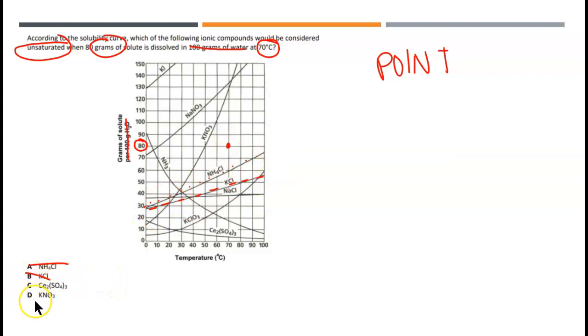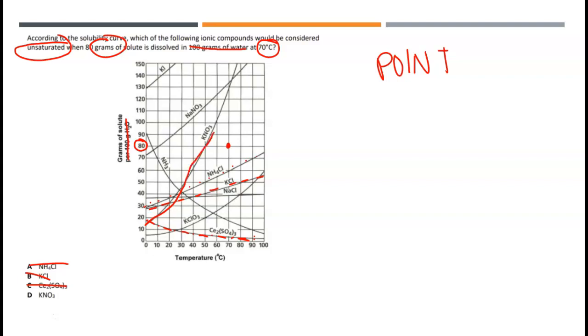Let's look for SeSO4. So I'm going to put like a mixture of both. Still notice that the dot is above the line for SeSO4. So it is not that one. Let's look at the line for KNO3.